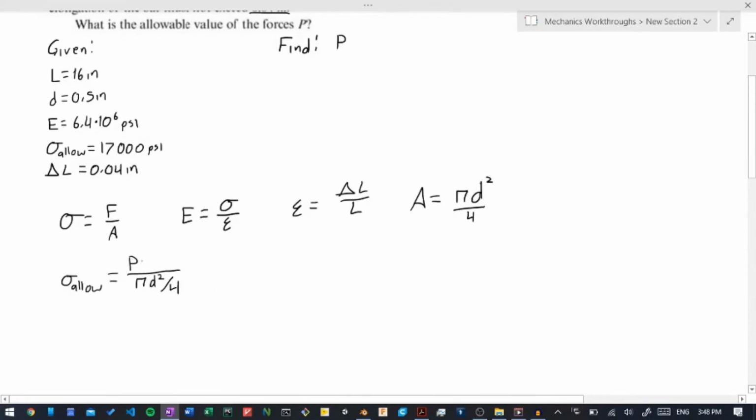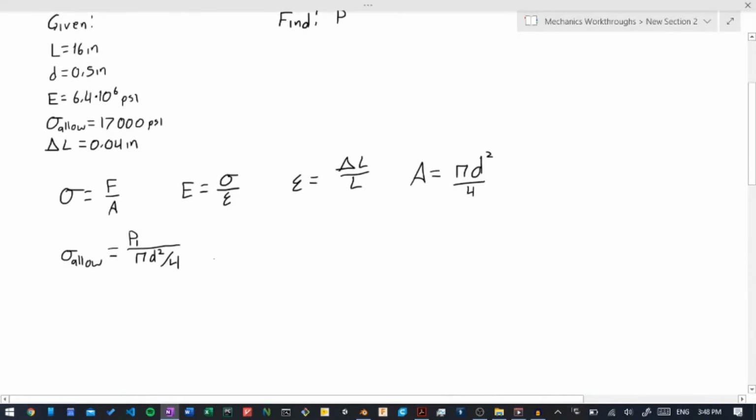And since this is the P for just the first criteria, I'm actually going to call it P1. And at the end, we will choose between P1 and P2 for our final answer. And so if we rearrange this, we get P1 equals sigma allow times pi d squared over 4.